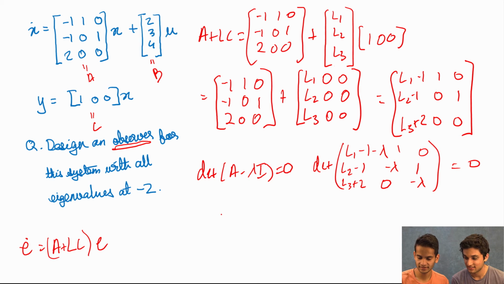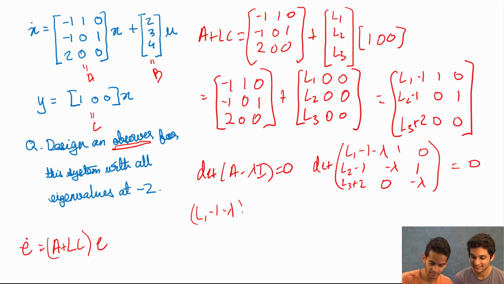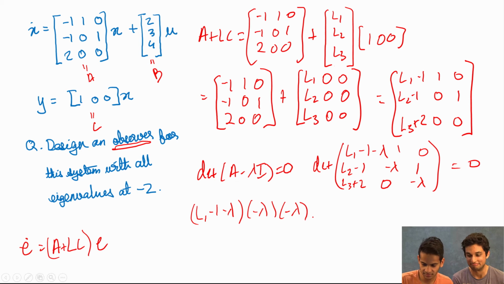All right. So going down this column, times minus lambda. Here you have plus L3 plus 2. It's this one, and then this one zeroes out because of the 0 in the corner.